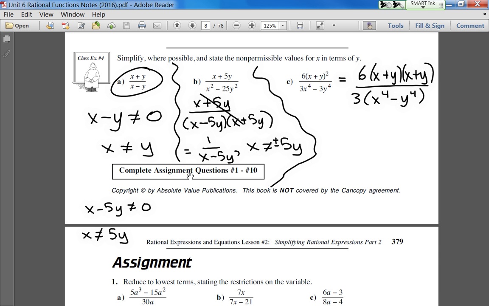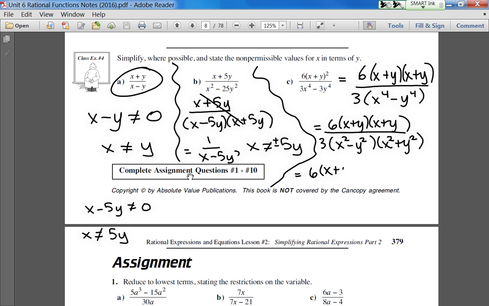So if it's a binomial with subtraction, you have to think difference of 2 squares. Okay, so how is that going to factor? X squared minus y squared, x squared plus y squared. Am I done? Okay, let's do it. So this term with the minus, it's going to give me 2 more, right?